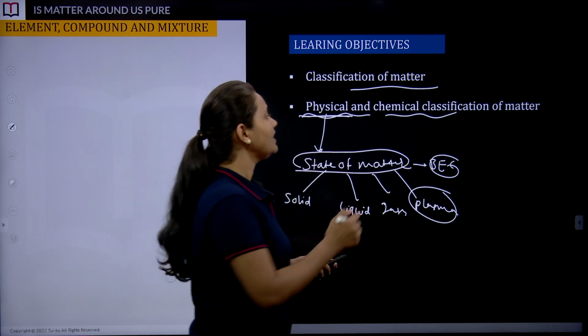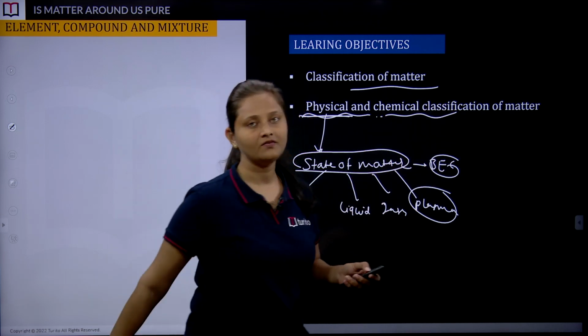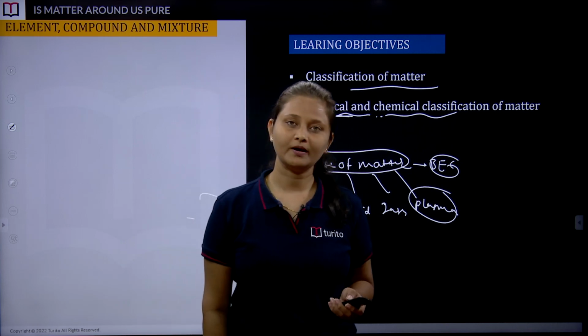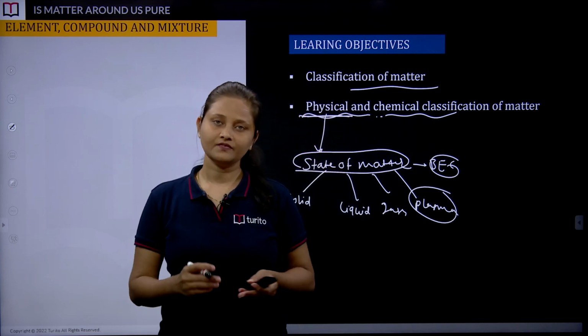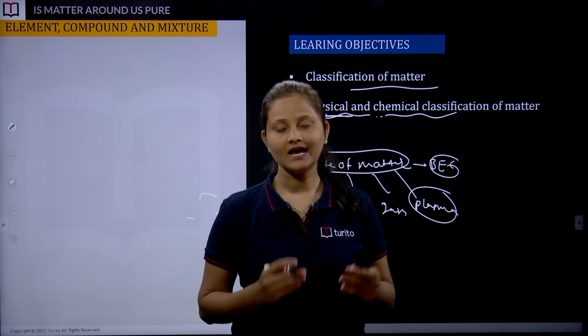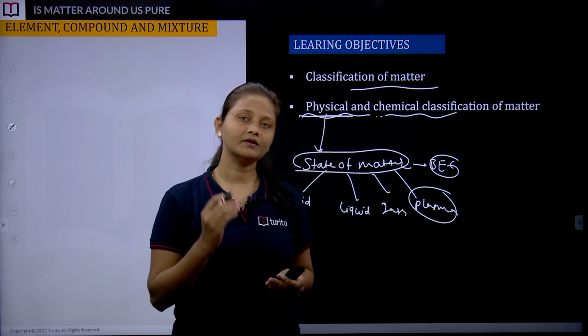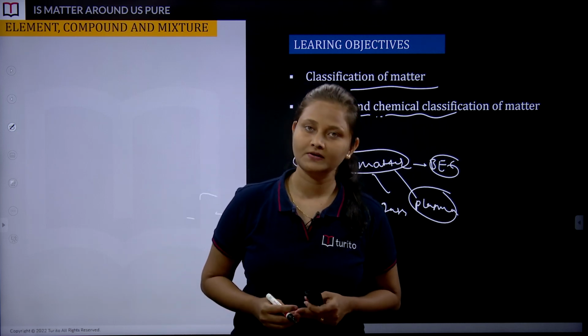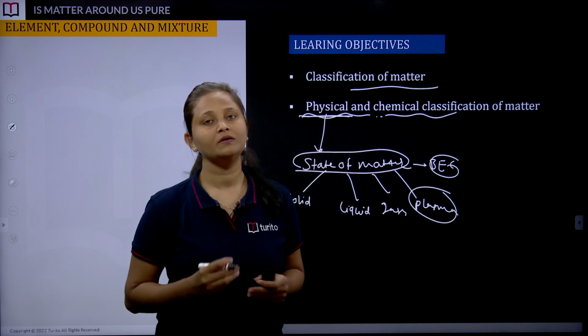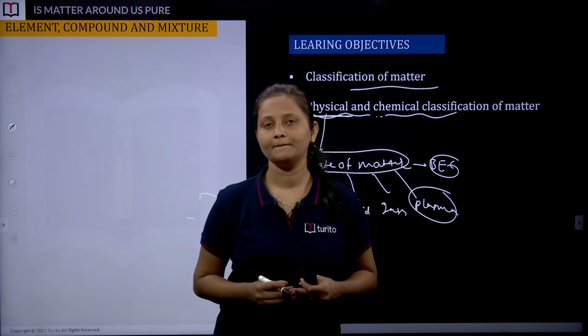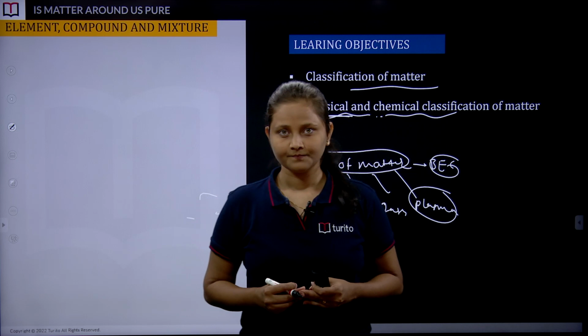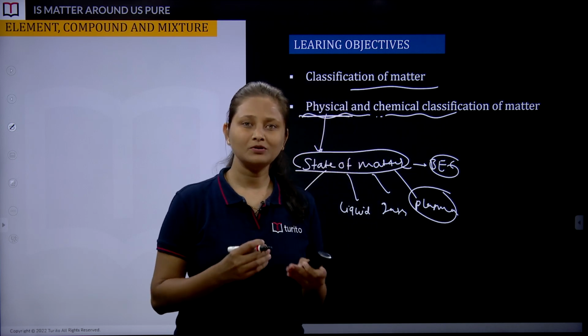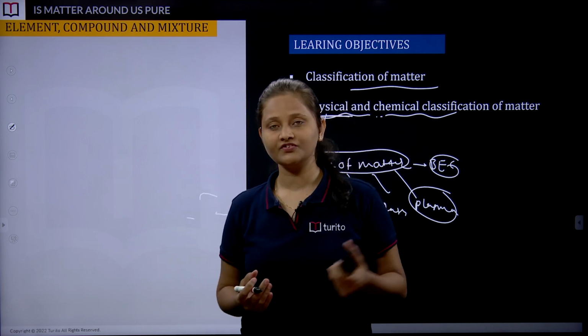Moving ahead, we have the second classification of matter, which is the chemical classification of matter. Physical classification is based on physical properties. Likewise, chemical classification is based on chemical properties. Now quickly tell me, what do you mean by chemical properties of any matter? Properties which we are not able to observe, as opposed to physical properties.